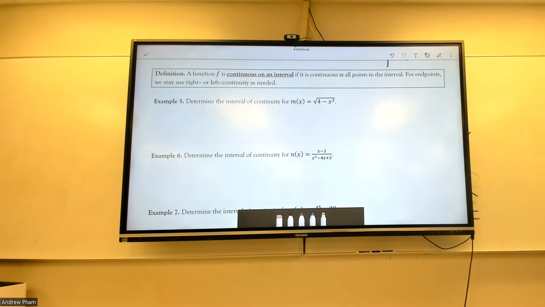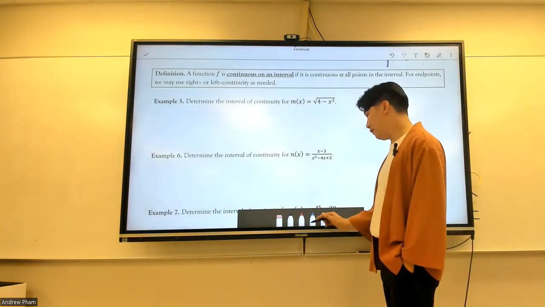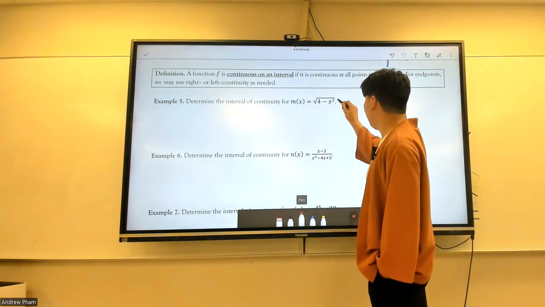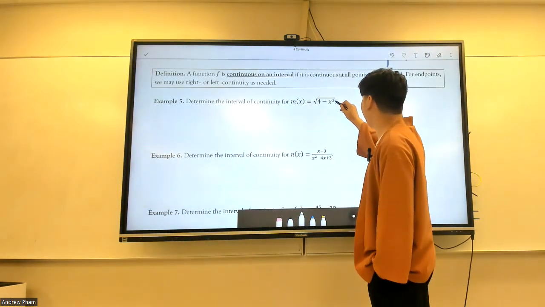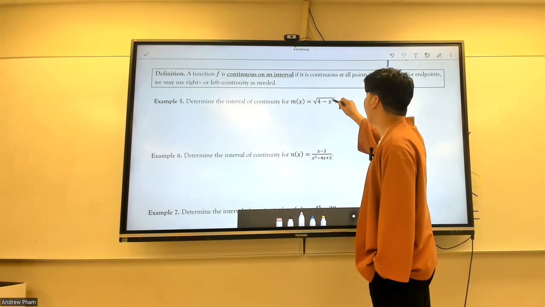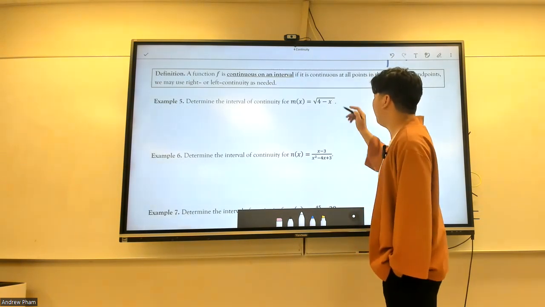And let's actually make this problem a little bit nicer to avoid confusion. Let's erase that. Let's do it 4 minus x instead of x squared.